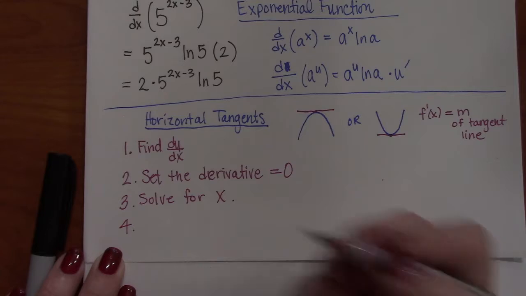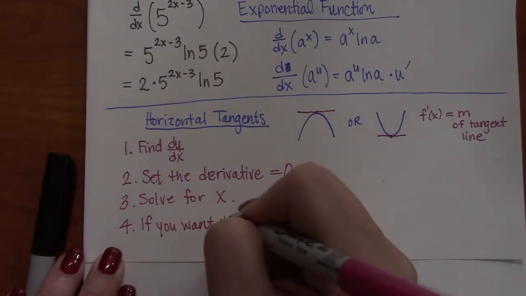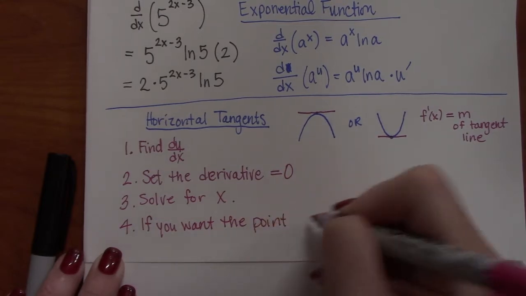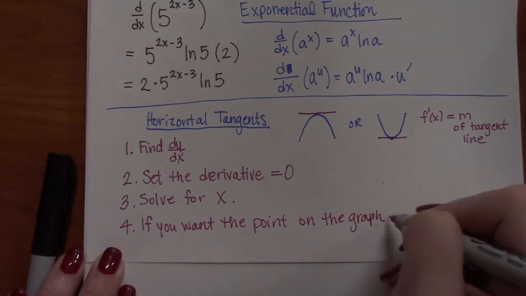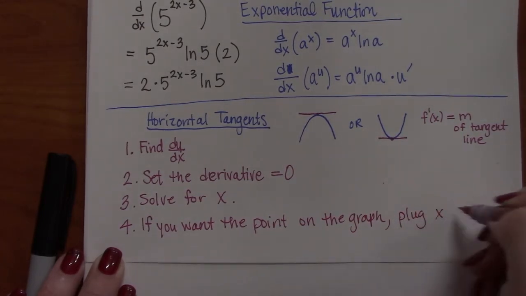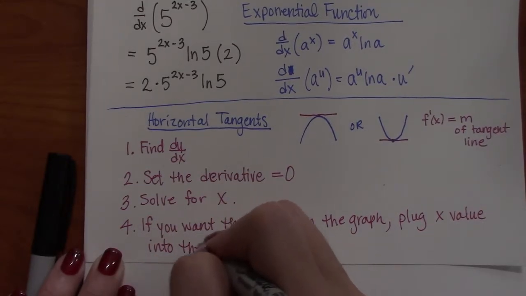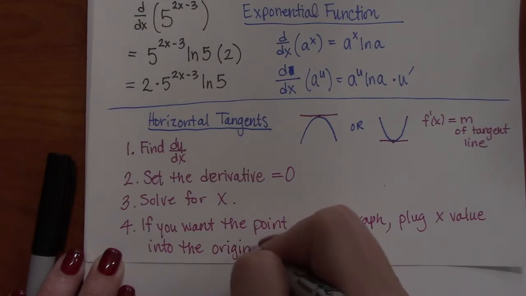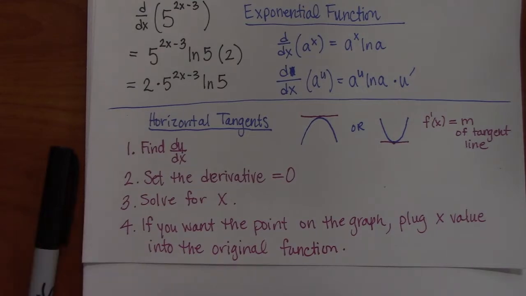And if you want the point on the graph, then you plug the x value into the original function. We almost never ask you to give us the equation of the tangent line at that location because it's just so rudimentary.